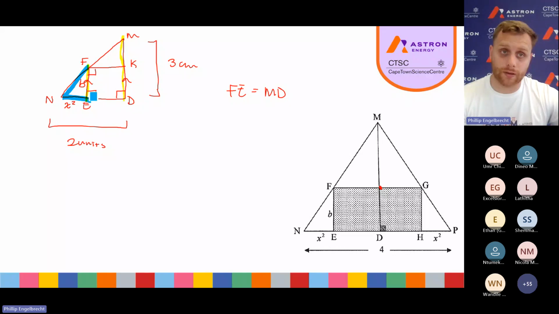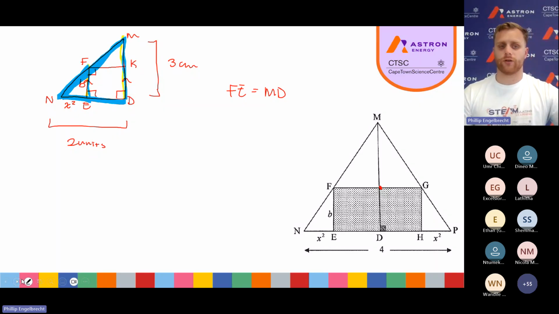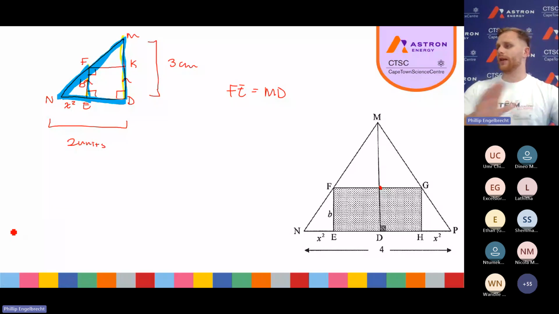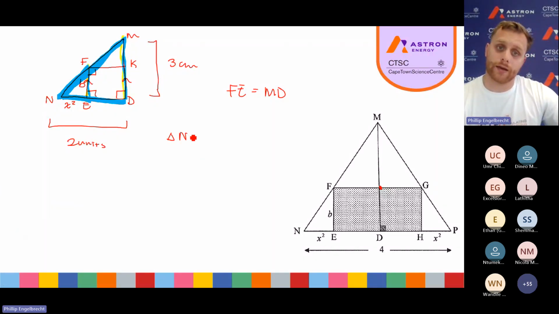So I looked at this triangle and I compared it with this big triangle over here, okay? That's what I did. And again, you did not have to go into the reasoning. I said that triangle NEF is similar to triangle NDM.